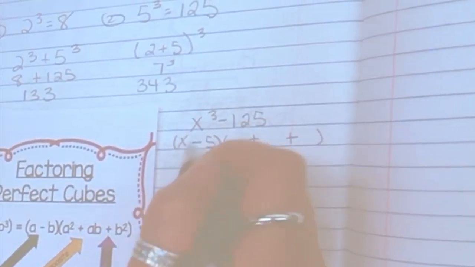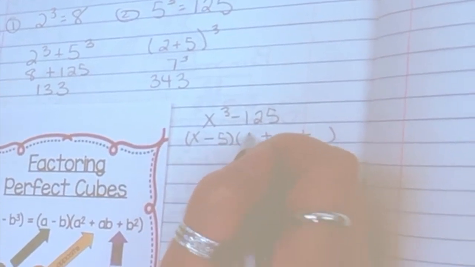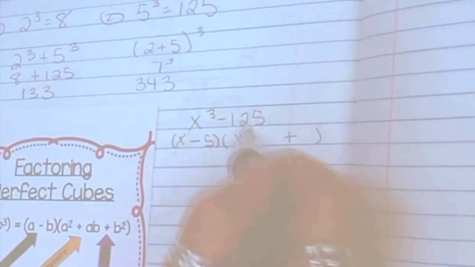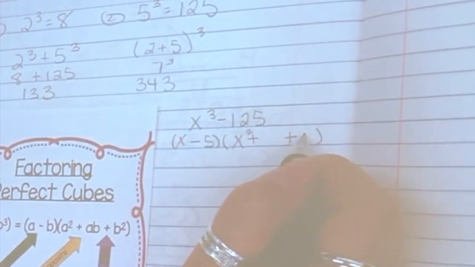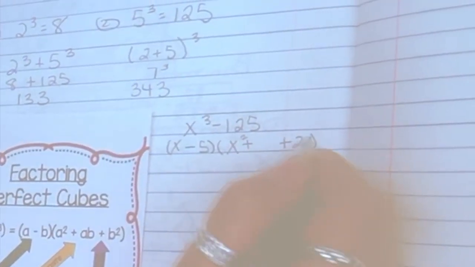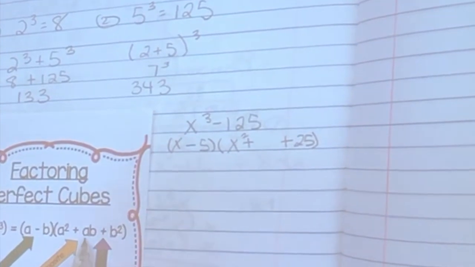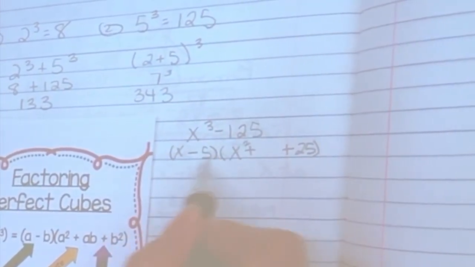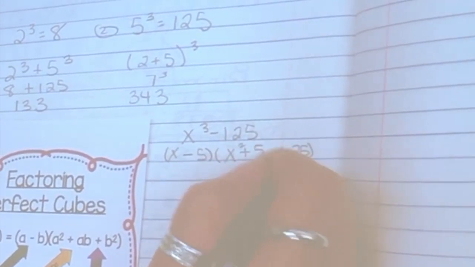So it's the first term squared, which is x squared. Good. The last one is B squared, so 5 times 5 is 25. And the middle term is A and B, which would be 5x.